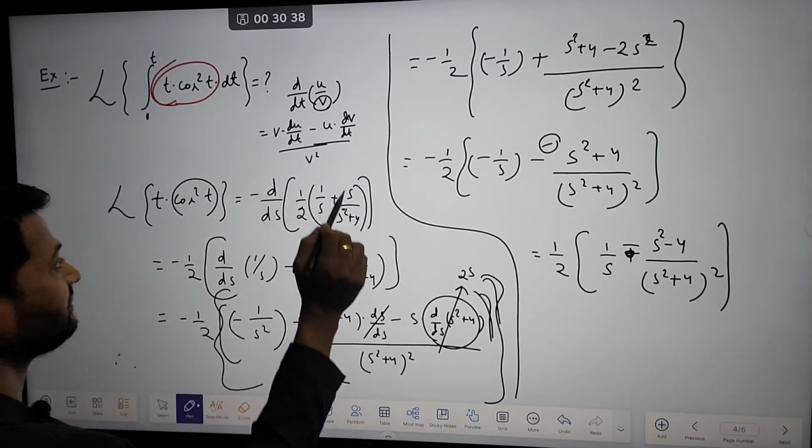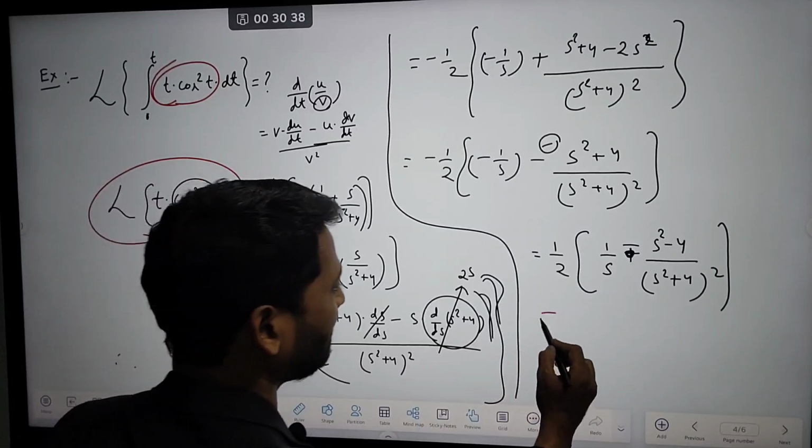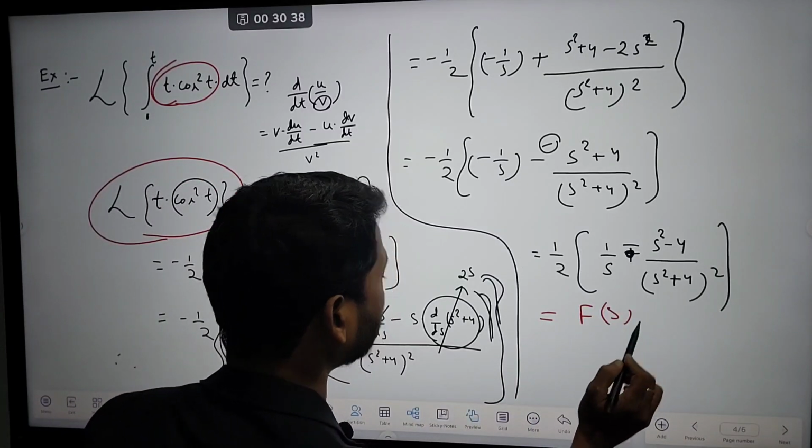that is your Laplace of t into cos square t, which is called F(s), okay.